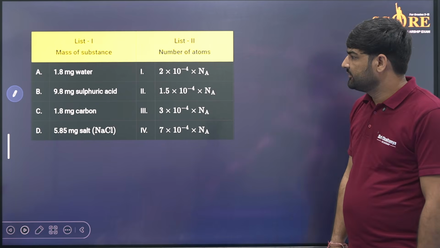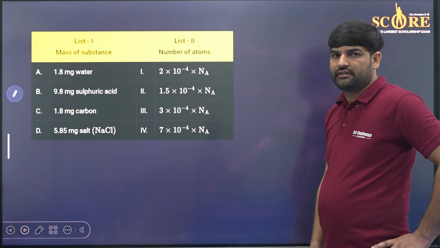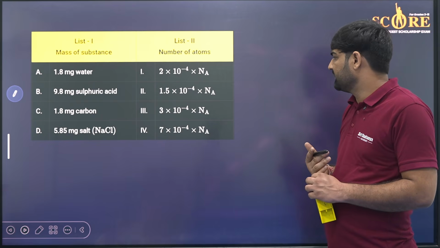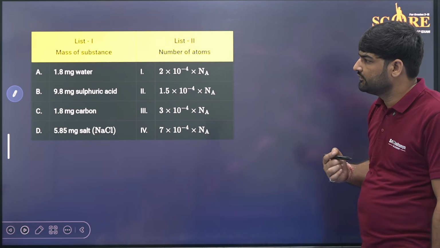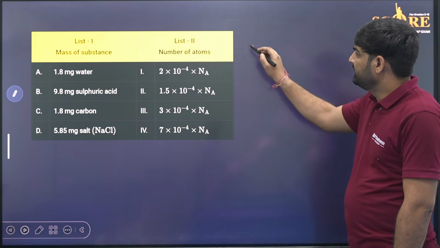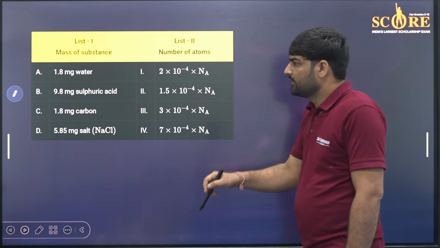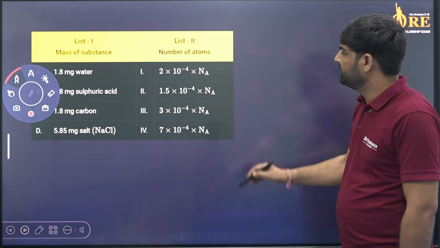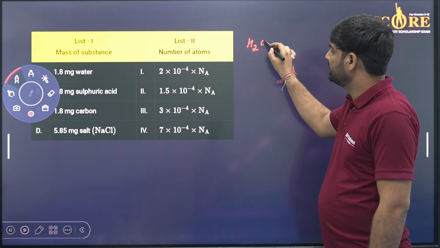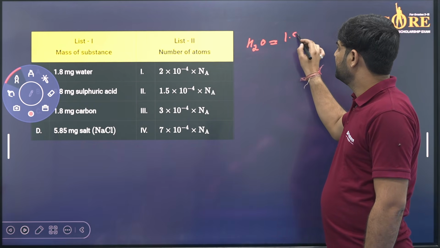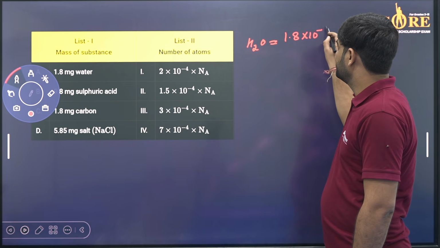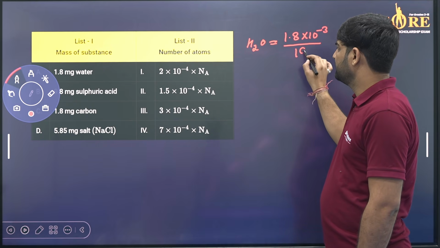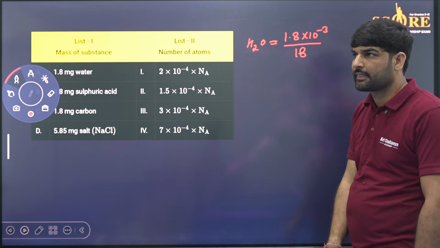This is some basic problem in which mass is given and you have to find out number of atoms. So we'll start. Here is H2O. For H2O, 1.8 milligram H2O. So first of all, 1.8 times 10 raised to power minus 3, this is mass in gram, divided by molar mass, and for water molar mass is 18.